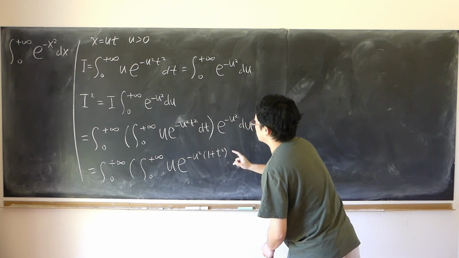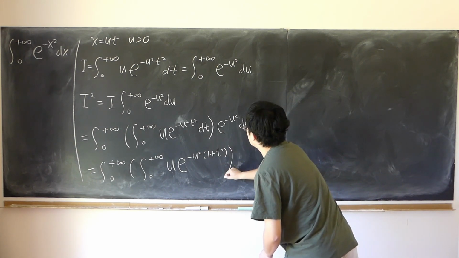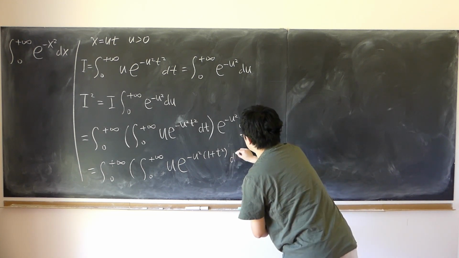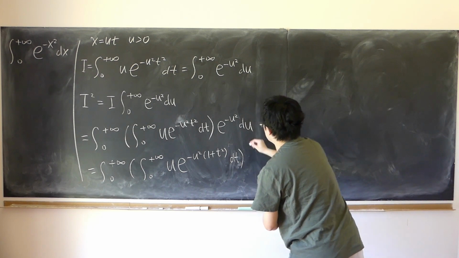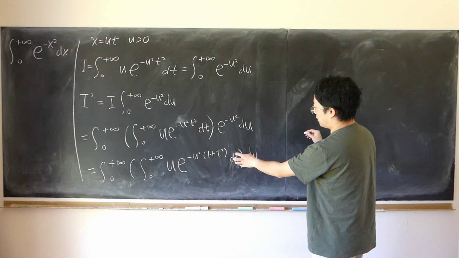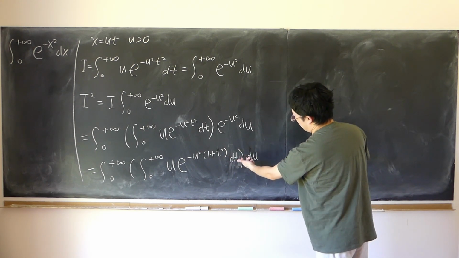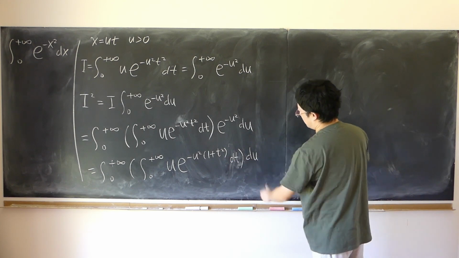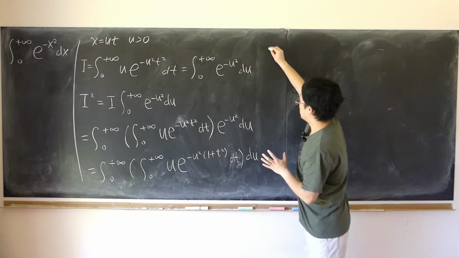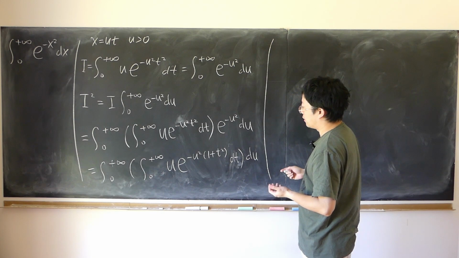This is the inside integral, dt, then outside du. But this is a double integral, so we change the order of integration. We want to first integrate with respect to u, then t. So long story short, it is legal. The proof of the legality can be found in any analysis book.